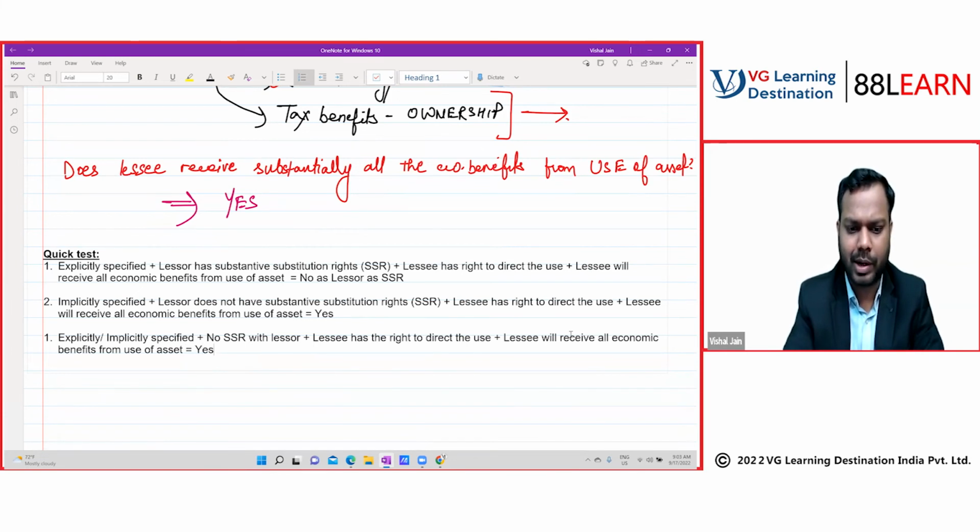So that's a lease contract. Yes, it is a lease contract. Now, one more point in this one itself.